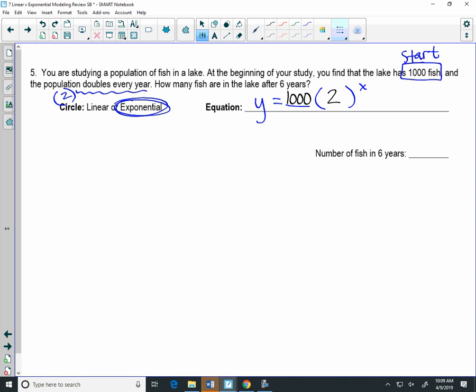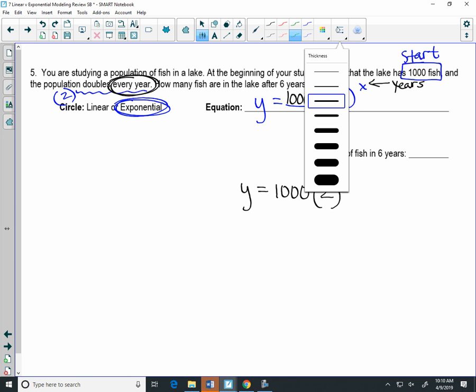The other thing I'm noticing is when it says every year, I know that this x value is going to represent the years. So now I'm being asked, how many fish in the lake after 6 years? So we're going to use that exact same model. And instead of that just being an x, we're going to fill in 6.